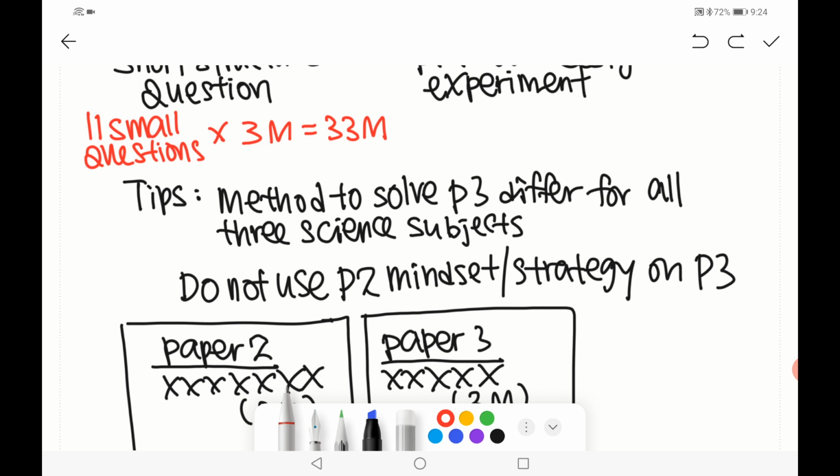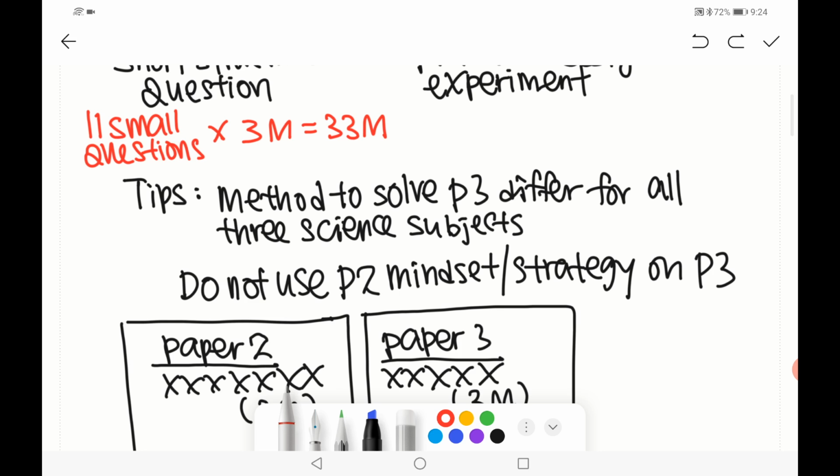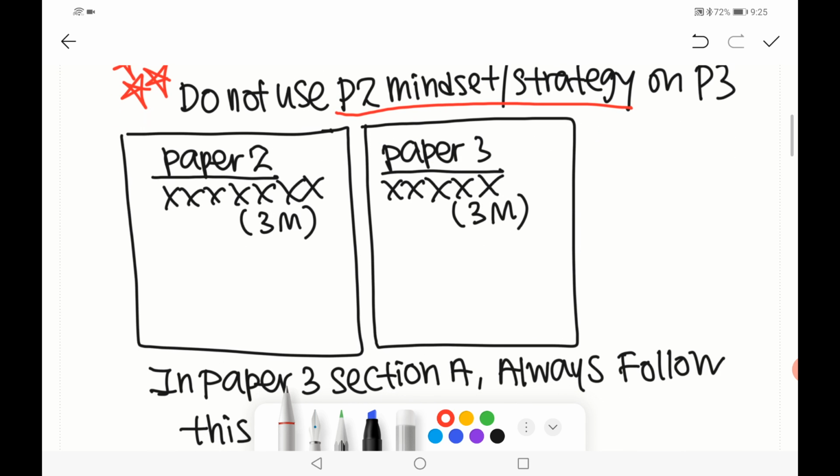A very important thing I want to highlight today is that please do not ever use a paper 2 mindset or strategy in paper 3. What do I mean? When you try to answer a paper 2 question, just imagine this is the question, blah, blah, blah, and it's given 3 marks.